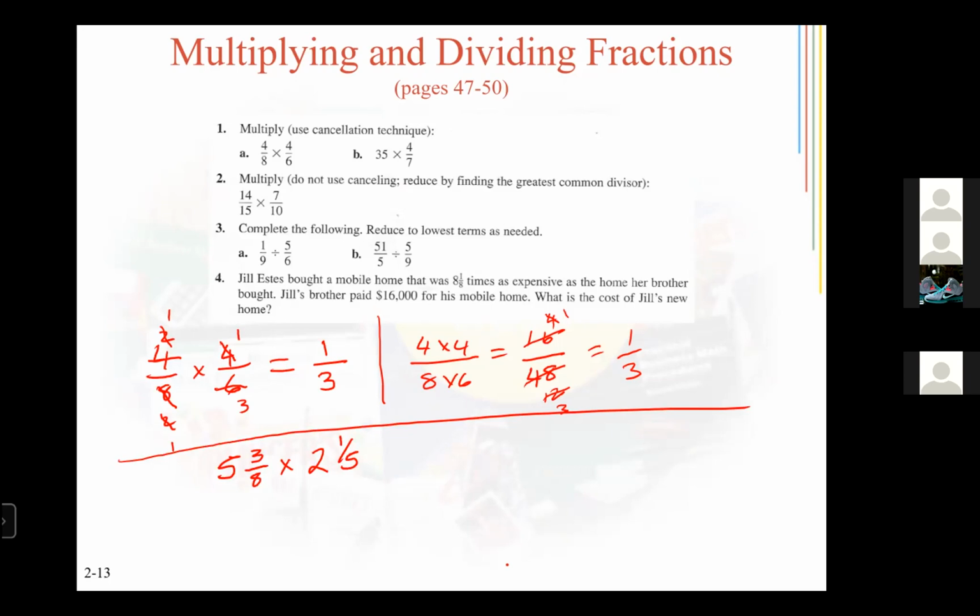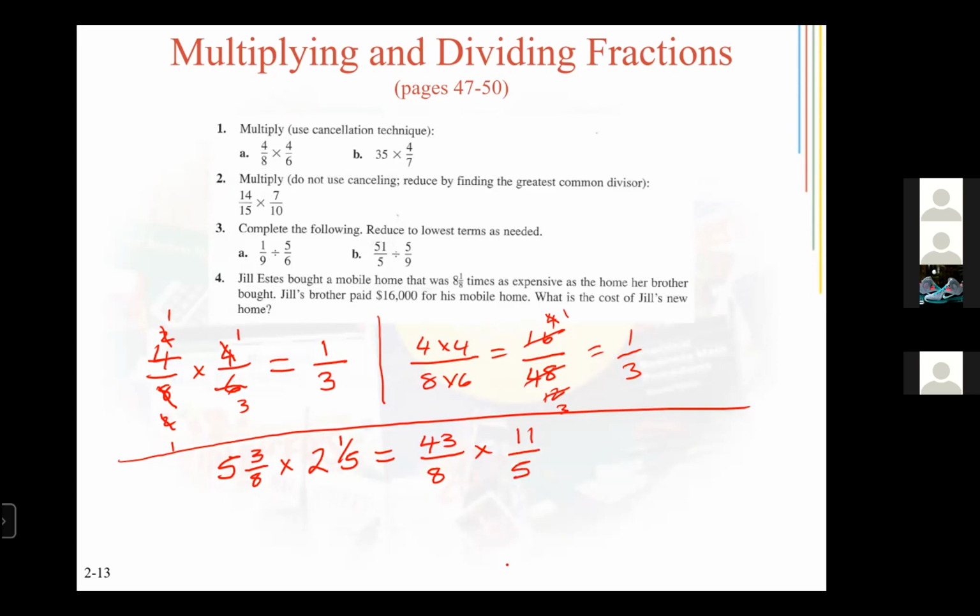So first step would be to say equal. That would be 8 times 5 is 40 plus 3 is 43 over 8. 43 over 8 times 5 times 2 plus 1 is 11 over 5. 11 over 5.